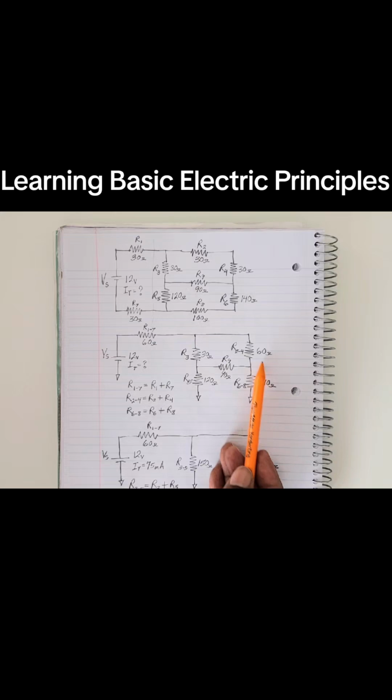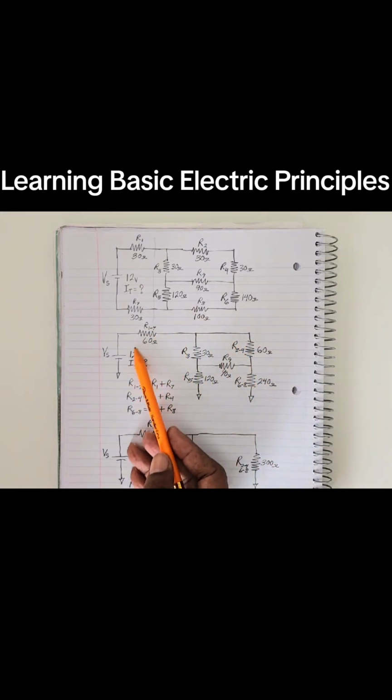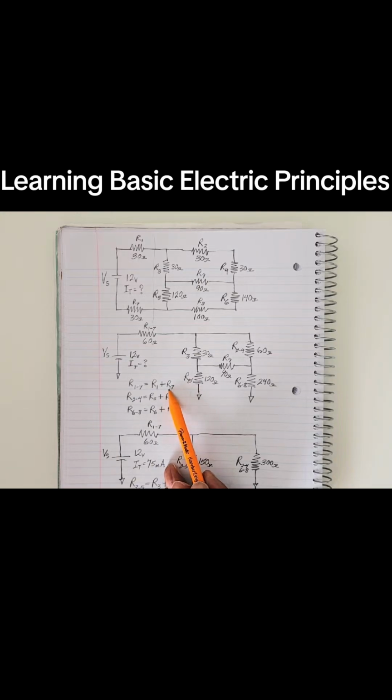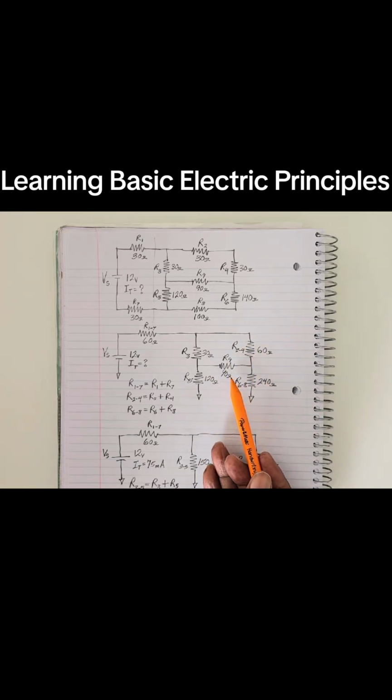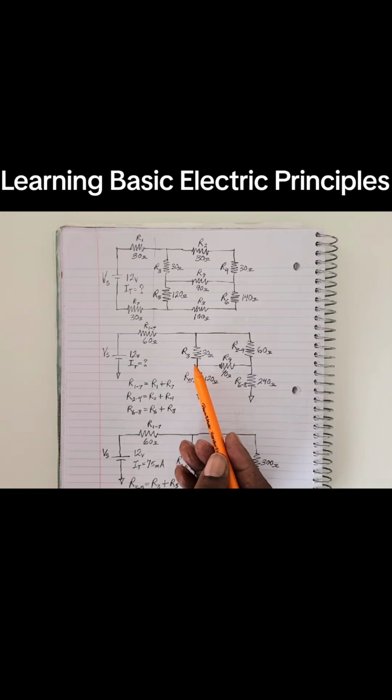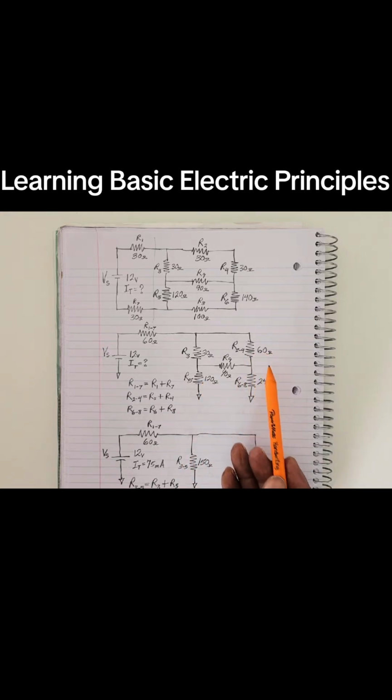So now we've reduced this circuit to something that's a lot easier to work on. From here, you can look at this as a Y to delta conversion to make it even easier, or T to delta, whatever, but just with a little perceptiveness, you can see that 30 over 20 is the same as 60 over 240.